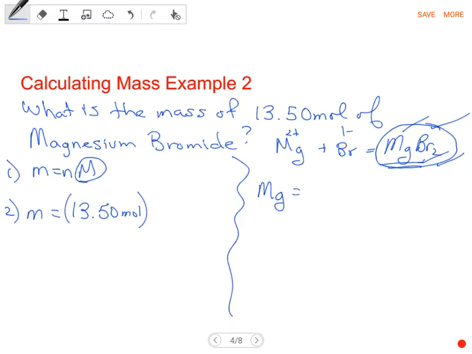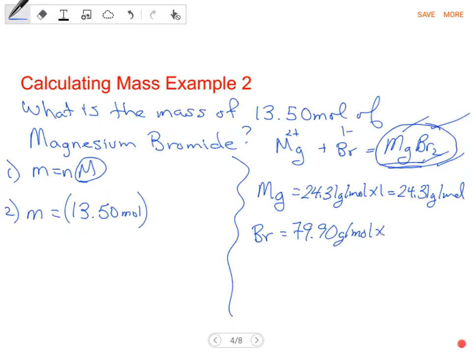Mg, I'm sorry, I just put my book away for a second. Mg, the atomic molar mass of that is 24.31 grams per mole times 1, which is 24.31 grams per mole. Then we have our Br, and Br is 79.90 grams per mole, and we have 2 of those.